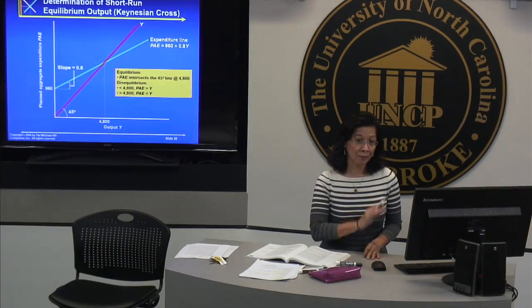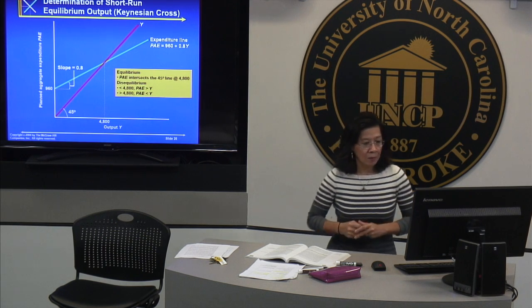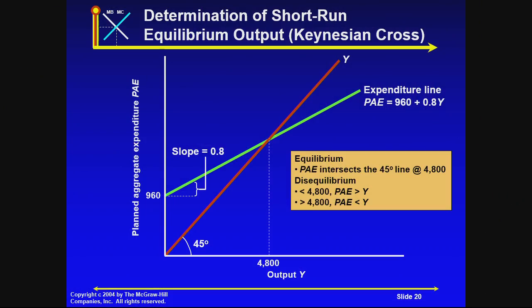Okay? So that's the basic diagram that everybody could do. And then we're going to add on once you understand that. Before you understand the add-on, let's talk about disequilibrium. So let's just say that you're a little bit to the right, let's say it's 5,000, a little bit to the right of 4,800 here. So you will see that the red line, if I draw a line up here, the red will be higher than the blue, given that it's 5,000.